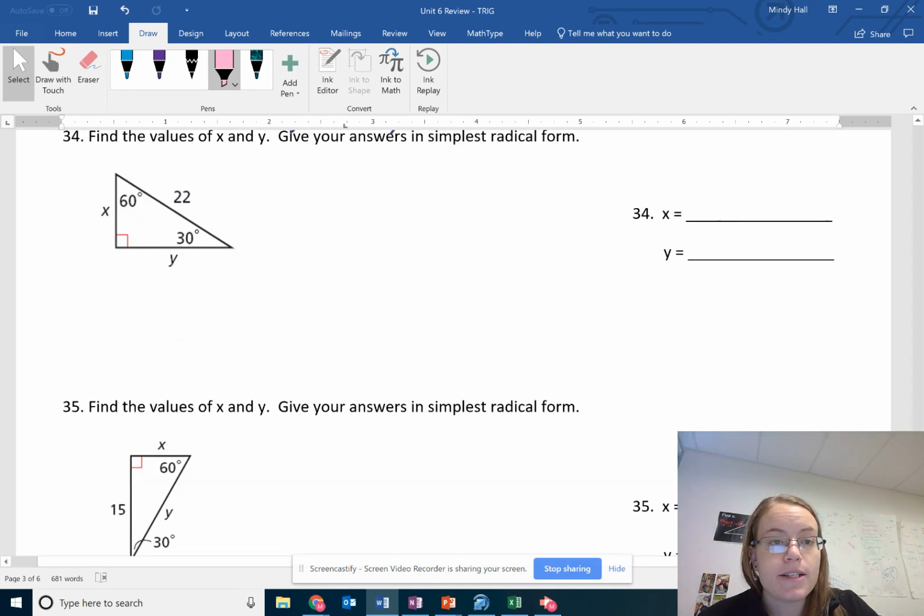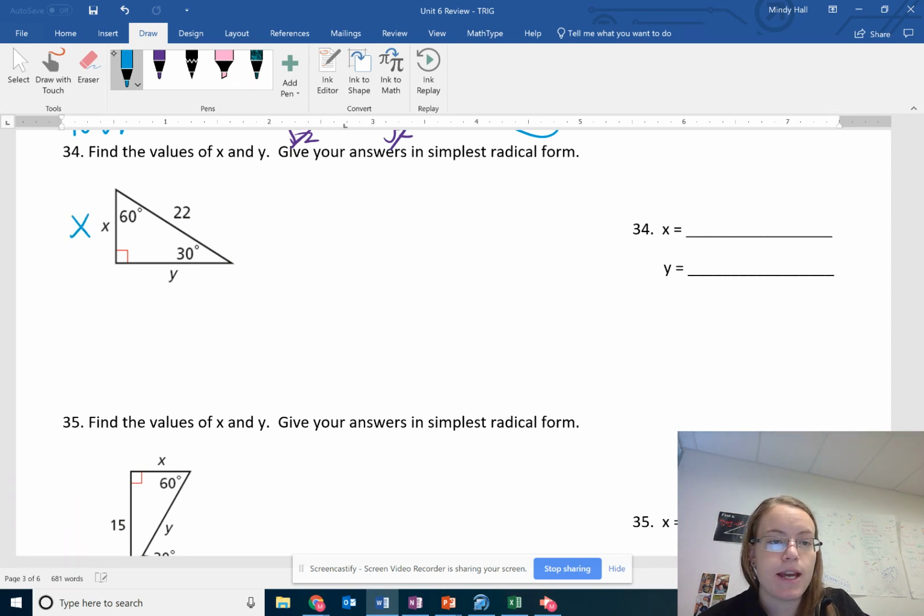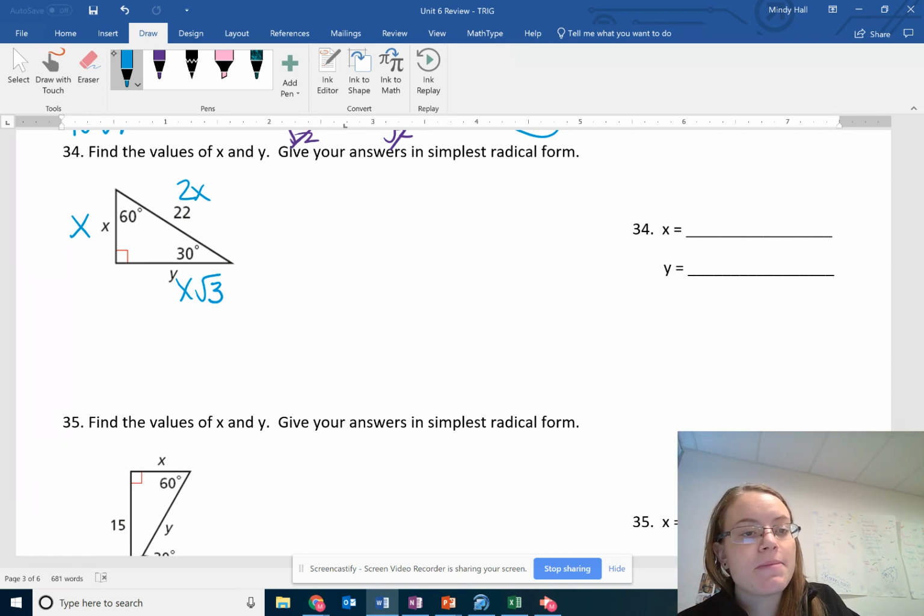So for 34, to find x and y, we have a 30, 60. So if you want to label it, again, this has x, but the nice thing is x is the short leg. So we have x square root of 3, and 2x. Now, I'll show you the shortcut way first, because this one actually works out nicely. Since my hypotenuse is 22, what you can do is just set your rule equal to your value.